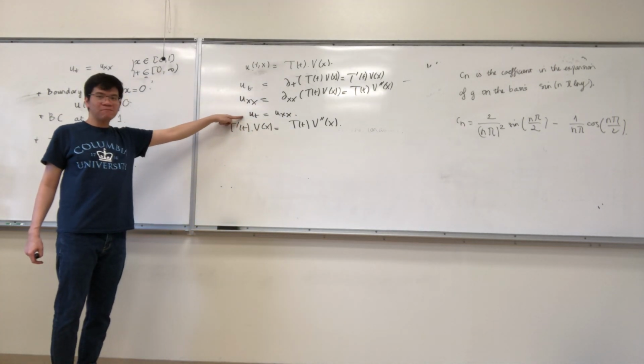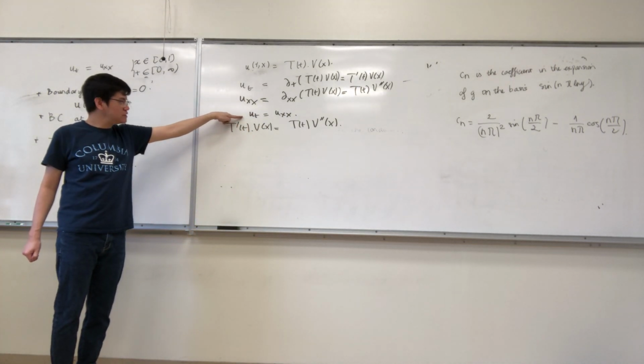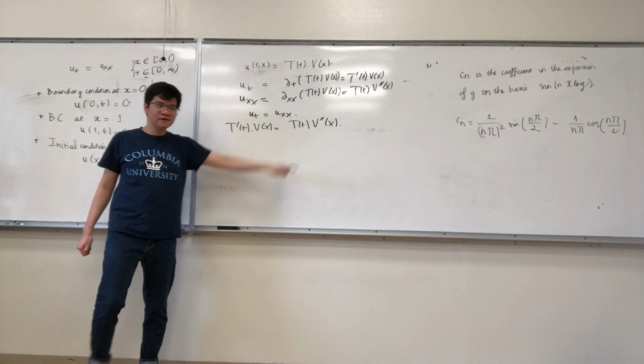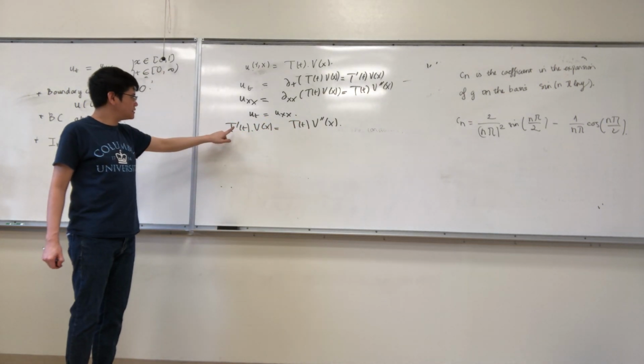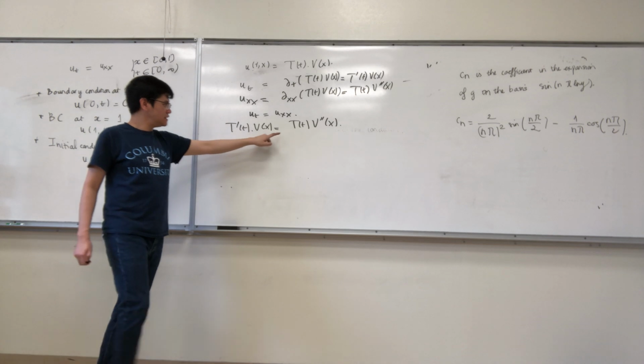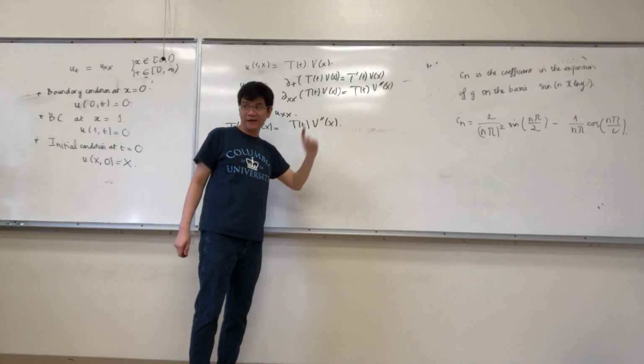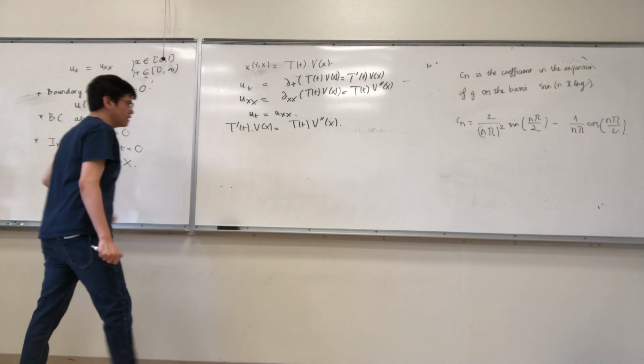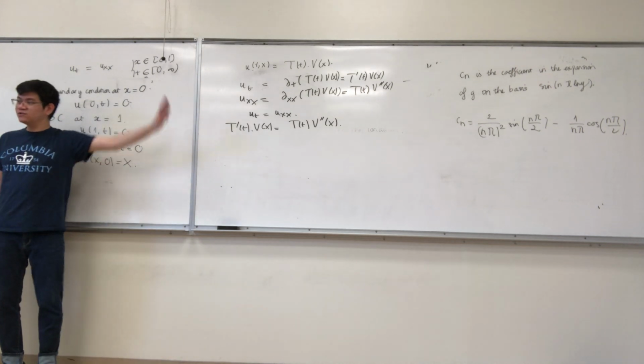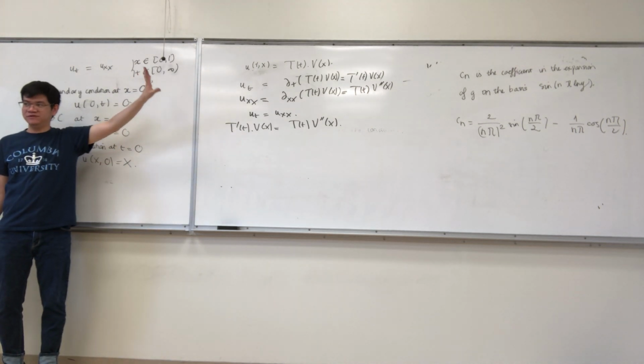So now I'm going to plug back into this equation. I'm going to have u_t is u_xx, which means that you have T'V(x) is T(t)V''(x). Right? Questions? So this is basically the same idea as the previous exercise.